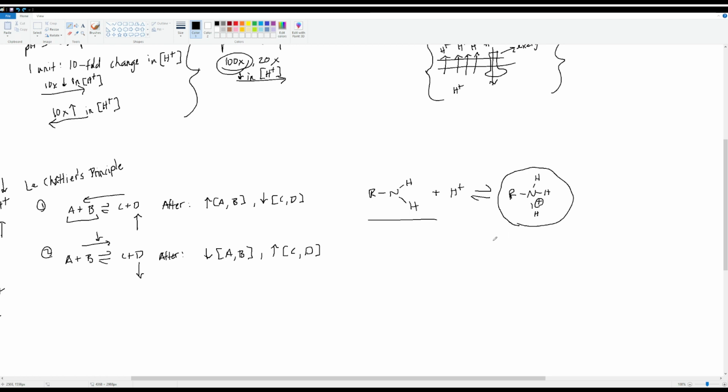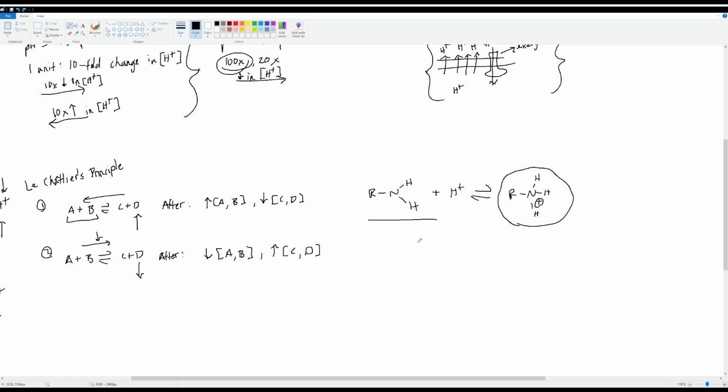Okay, and so which way will the equilibrium shift as H plus increases? If we increase the amount of this, we're favoring the opposite. So we will increase the amount of protonated and decrease the amount of deprotonated.